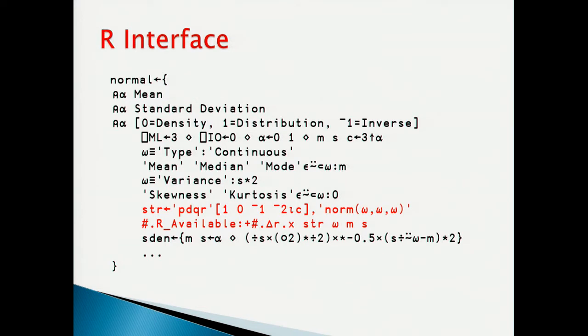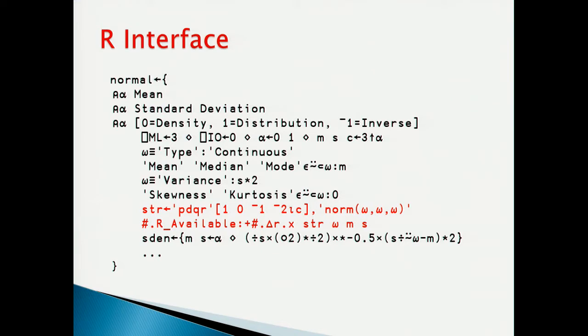R interface. Okay, I've created an R interface that goes into R. So TamStat is like a cover function, like a cover database for RConnect. I've embedded RConnect into TamStat, and here's the normal function that I had written.